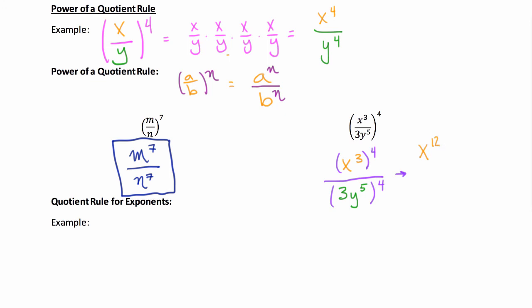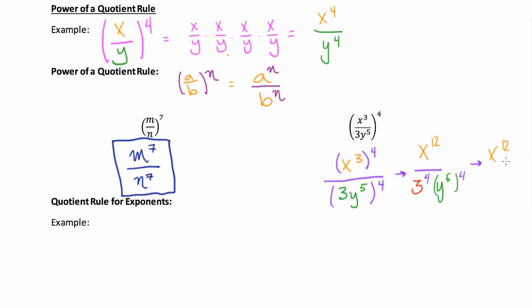In my denominator, things are a little more complicated. I have two things that are being multiplied that are getting raised to the 4th. So I have 3 to the 4th times y to the 5th, to the 4th. And now I can get that all nice and simplified. My numerator already looks great.